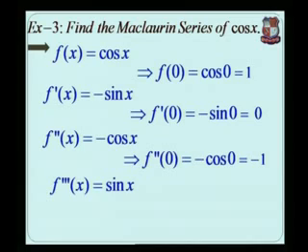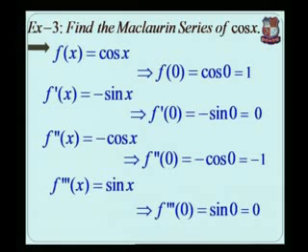For the triple derivative, the derivative of minus cos x is sin x, because the derivative of cos is minus sin, so minus is converted to plus sin, and the value f triple dash 0, that is sin 0, is equal to 0.